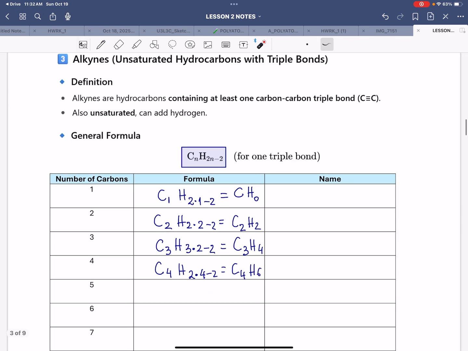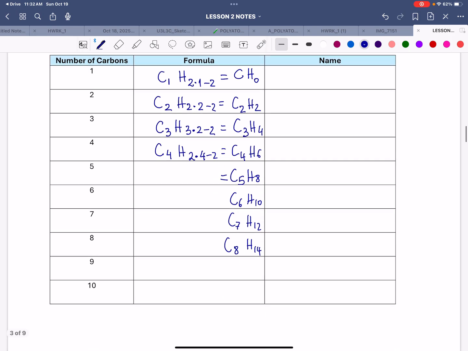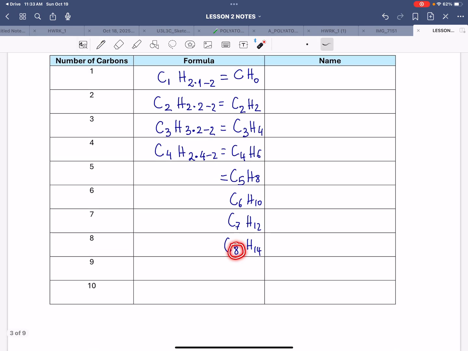And now you can see the pattern: the number of hydrogens increases by 2 and carbons increase by 1. So you have C5H8, C6H10, C7H12, C8H14, and double check just to be sure: 8 times 2 is 16, take away 2, 14. So we are on the right track. C9H16, and C10H18.